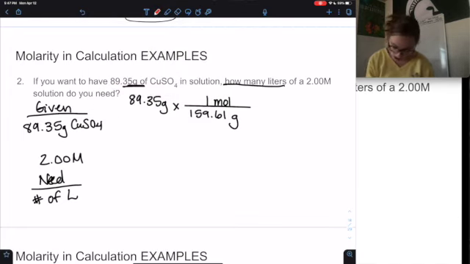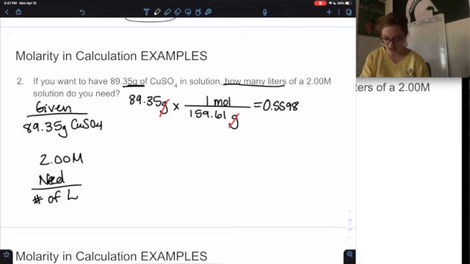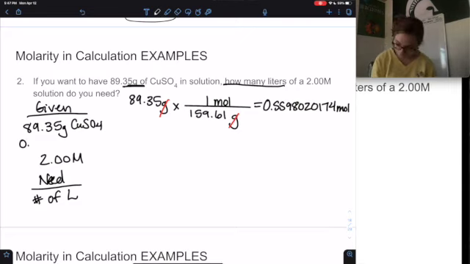Grams on top, grams on bottom, that cancels out. I'm left with moles, which is what I was interested in finding at this step. If I multiply this out, I have 0.020174 moles. So now I have all of the information that I need to solve this problem.